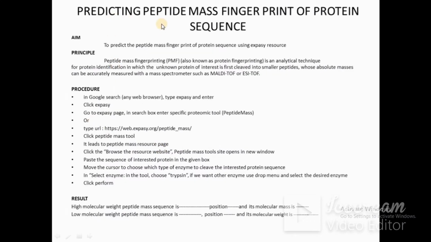The second one is finding the peptide mass fingerprint of a protein sequence. Peptide mass fingerprinting is also known as protein fingerprinting. It is an analytical technique for protein identification in which the unknown protein of interest is first cleaved into smaller peptides whose absolute masses can be accurately measured with mass spectrometers such as MALDI-TOF or ESI-TOF.